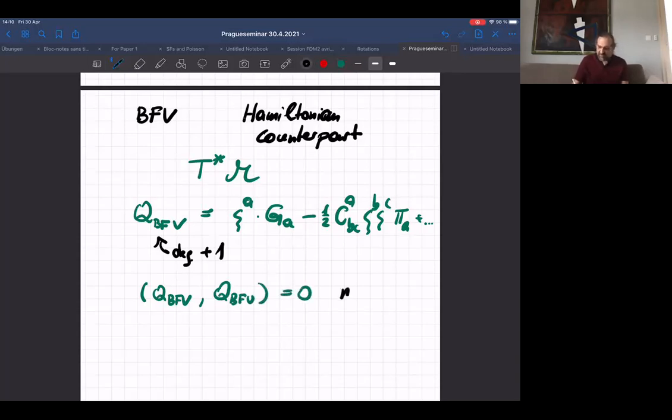This is the master equation 1, so to say, and it means that we have again a cohomology which is defined by the Hamiltonian vector field of Q_BFV, and since the bracket is degree 0, but the charge has degree 1, this is also of degree 1.